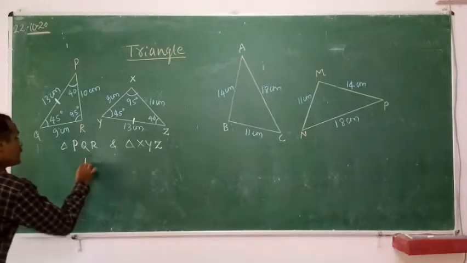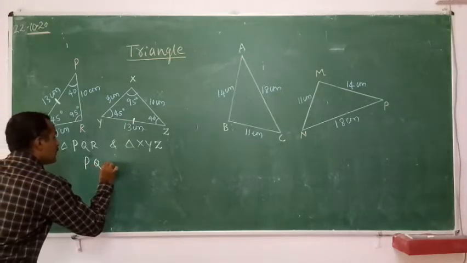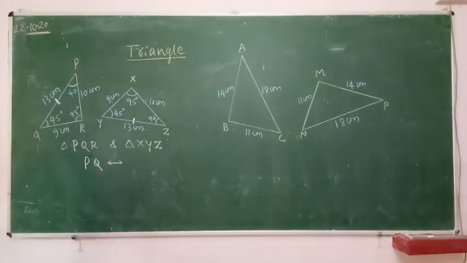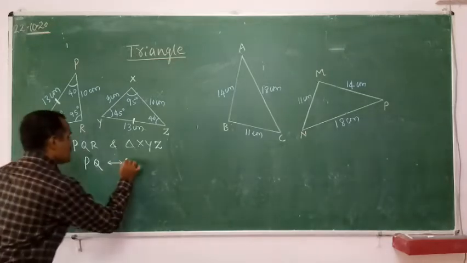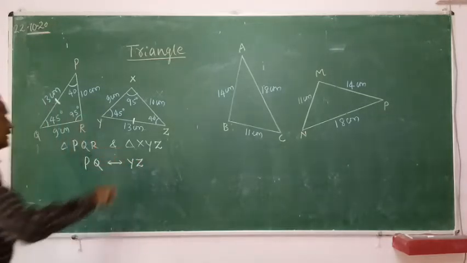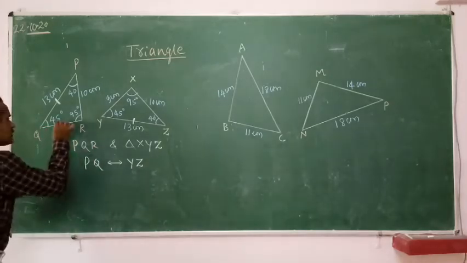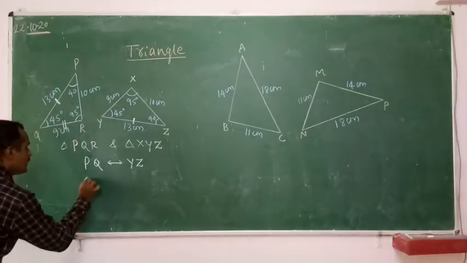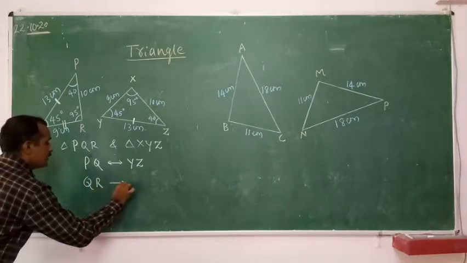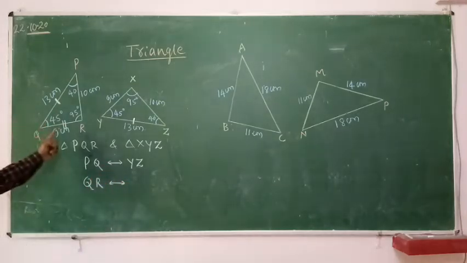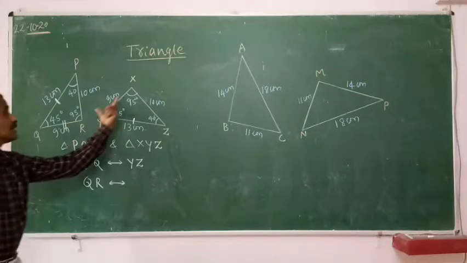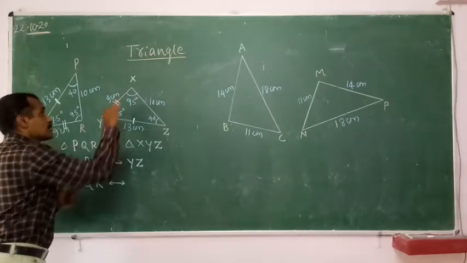I can say PQ is equal to YZ. From here it is QR, that QR is 9 centimeter, which is equal to XY.